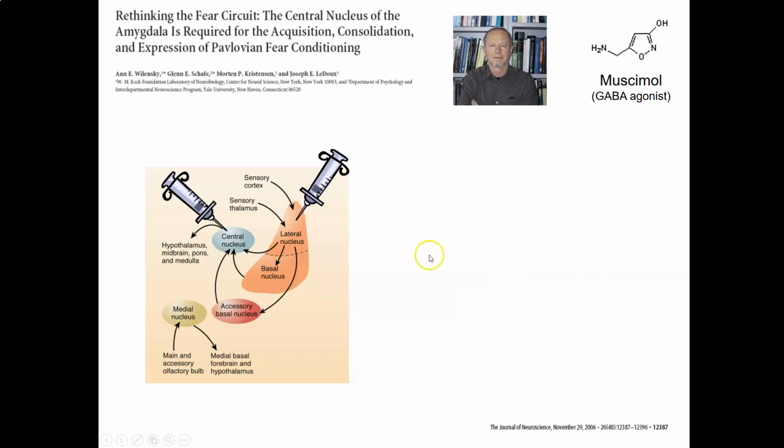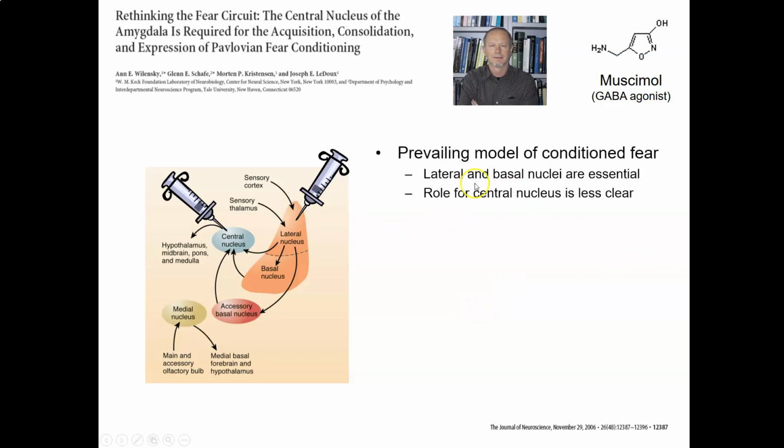All right, so what is this study about? First of all, the prevailing model of conditioned fear is what I just went over. The lateral and the basal nucleus are the inputs. That's up here. And the central nucleus, we tend to think of it primarily as the output of the amygdala, but its role is really not as clear as we would like to think.